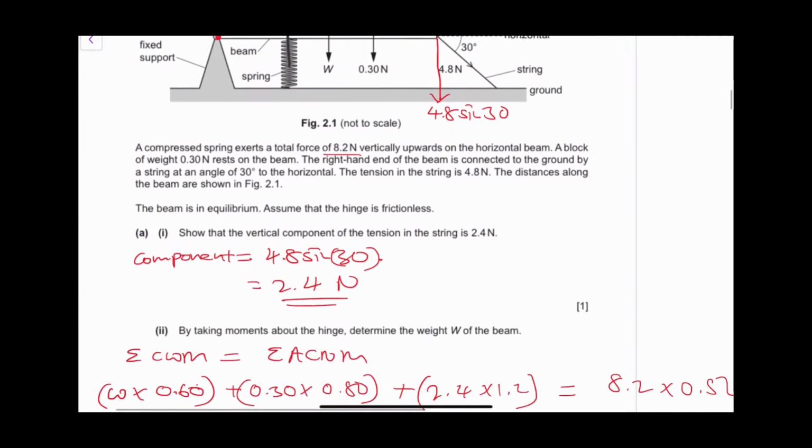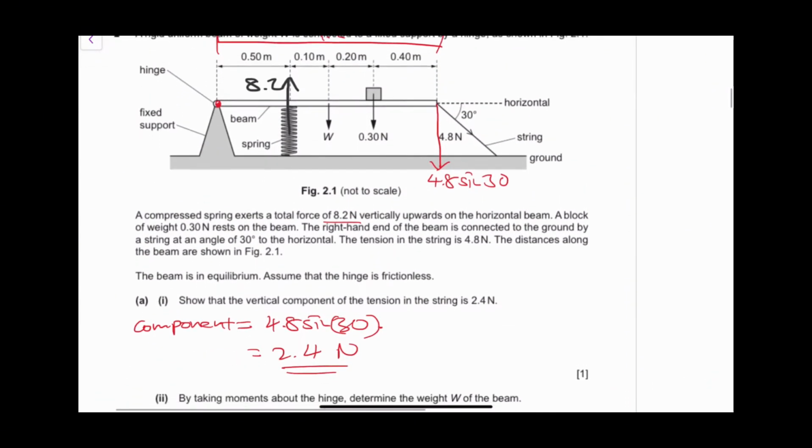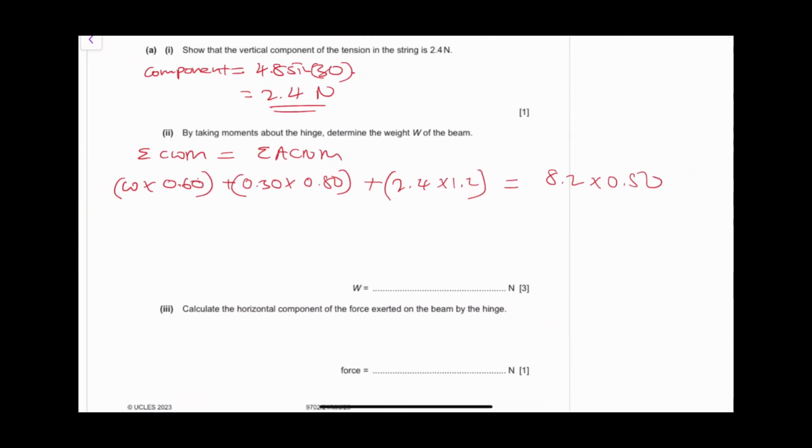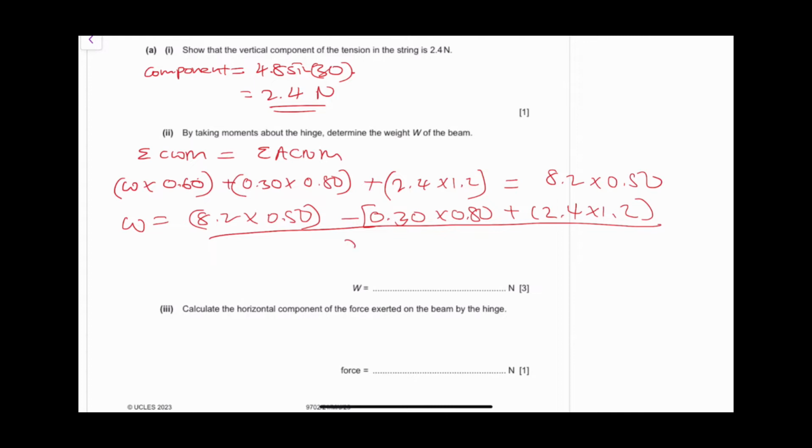Let's look at these forces. How do you find the value of W itself? W will be equivalent to 8.2 multiplied by 0.50, minus 0.30 multiplied by 0.80, plus 2.4 multiplied by 1.2, and we divide by 0.60.